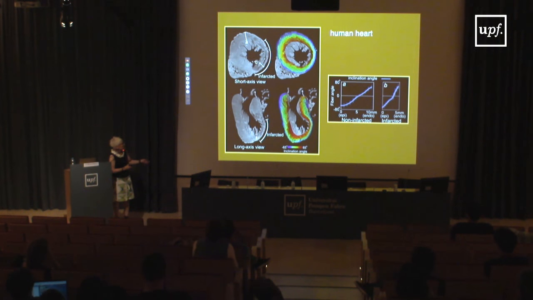And here is one human heart. We also looked at the distribution of fiber orientation even through the infarct, which was very helpful for the modeling, because in the model you implement both geometry as well as the fiber orientation.